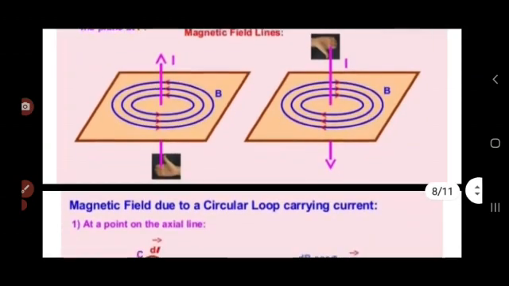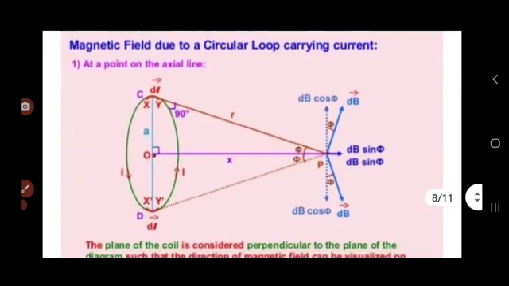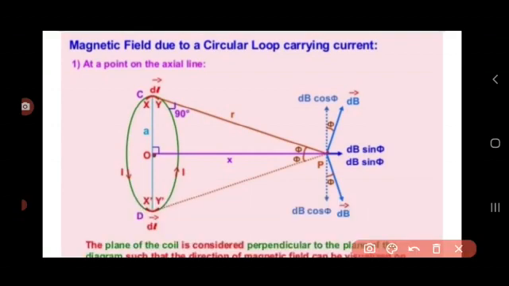At two points C and D we take two small current elements dl. These two current elements produce the magnetic fields dB and dB dash at a certain point, at point P. So we have to calculate the total magnetic field due to the circular current loop.